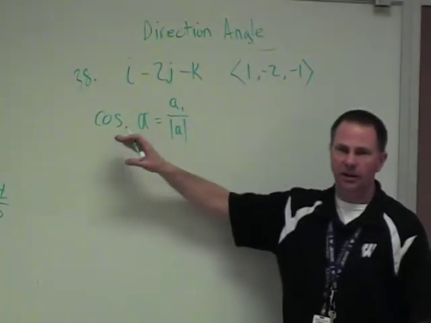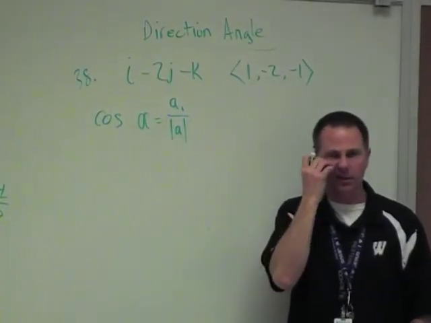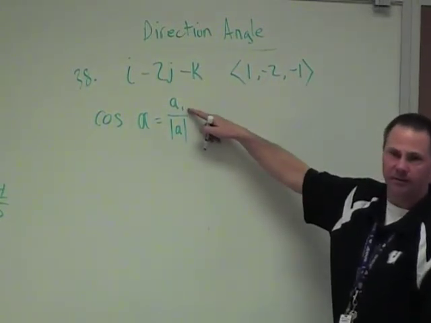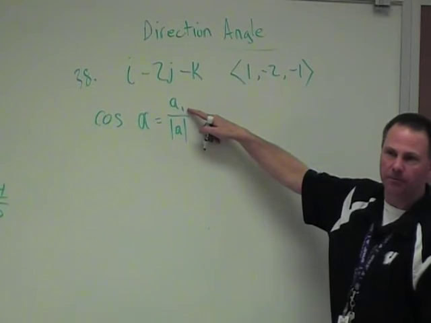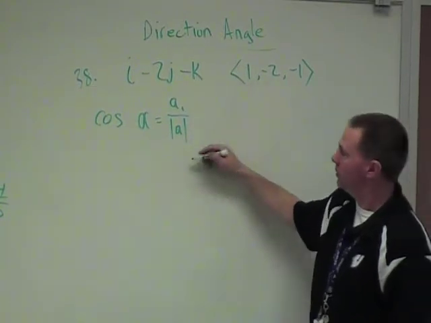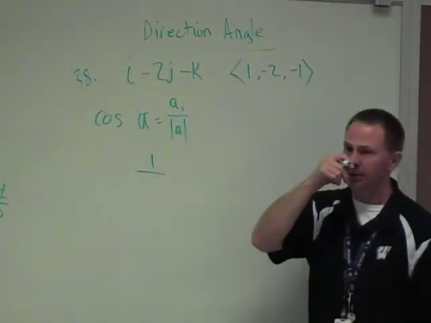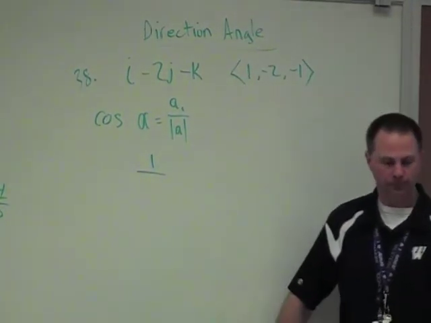So alpha is just like theta, you're just talking about a different angle here. So a sub 1 is what? Yeah, the first entry. So 1 over, what's the magnitude of this vector? Everybody figure out the magnitude.